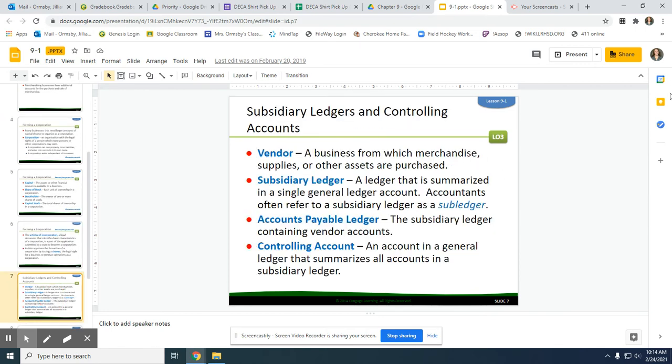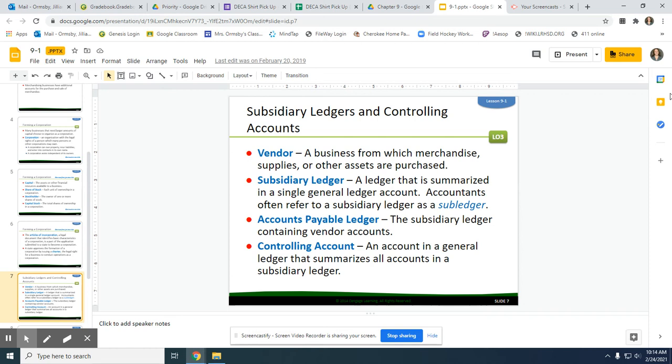Now, some of these bigger corporations are going to have a lot more accounts than a smaller service business. And so we need to change our accounting slightly. We should already know what vendors are. A vendor is a business from which merchandise, supplies, or other assets are purchased.